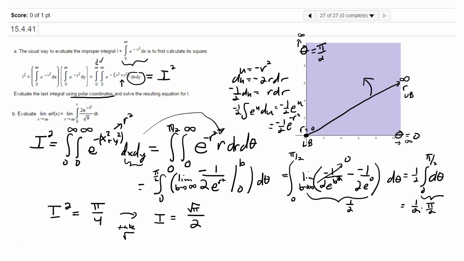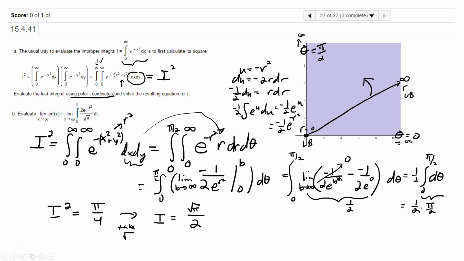In part B, they have the limit of this. This actually is a function that's given the name ERF. It's an error function, E-R-F, and we want to find out what happens as x goes to infinity on that.